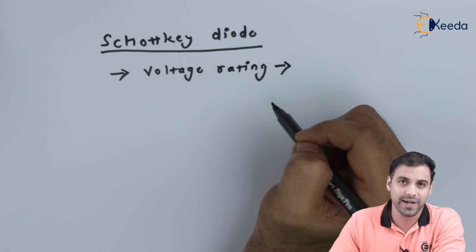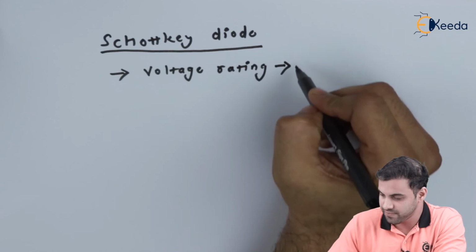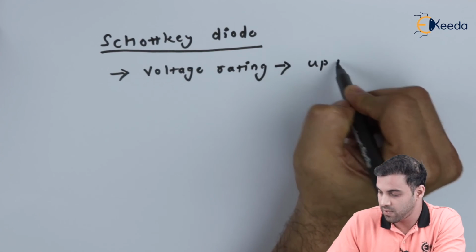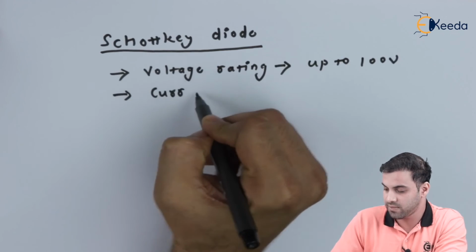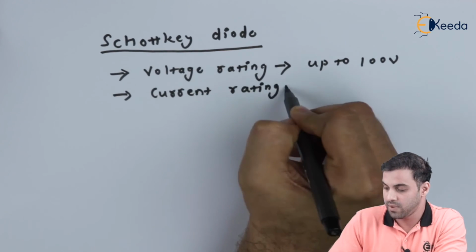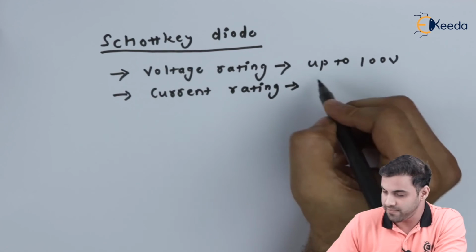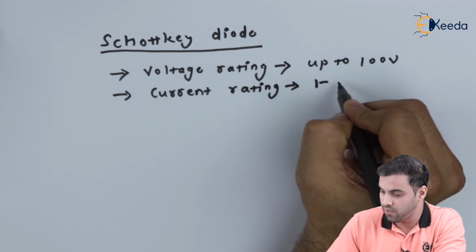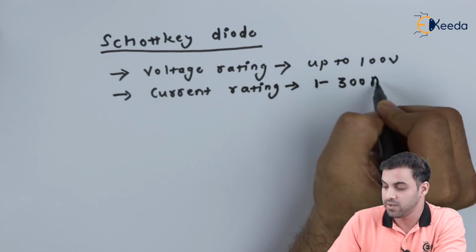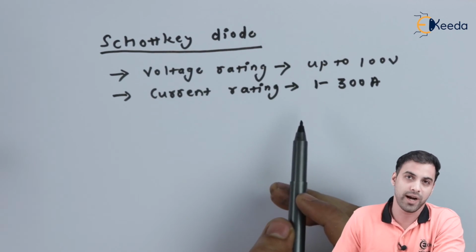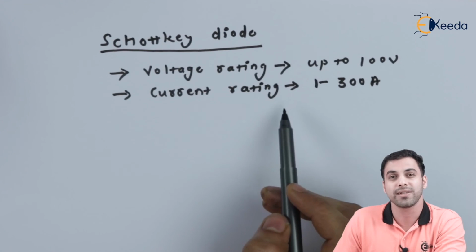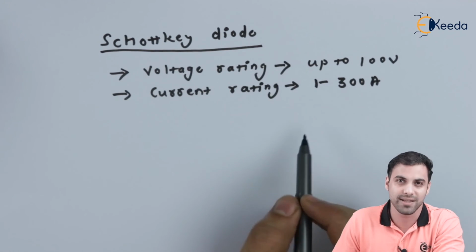The blocking voltage rating of a Schottky diode would be up to 100 volt. The current rating would be 1 to 300 ampere. Now we can compare this diode with the other two kinds of diode. Here the current rating is comparatively less than the other two types of diode.